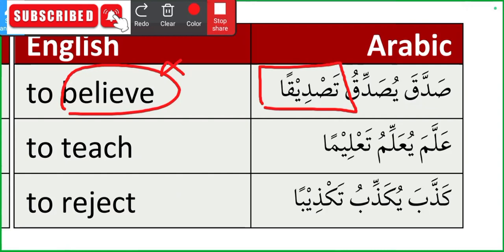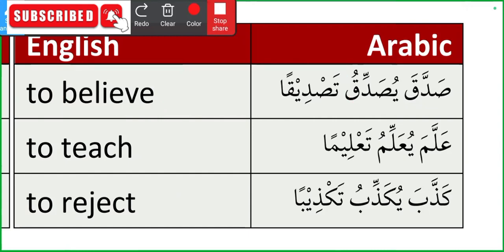So this is called tasdeeq, to prove it. So to believe is the wrong translation here. Tasdeeq is not to believe, it's about amana yu'minu.